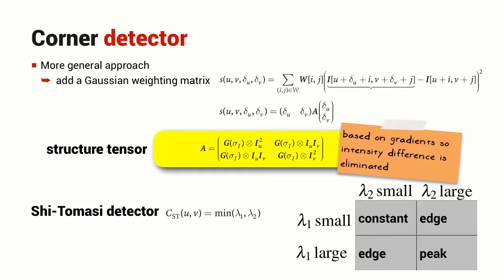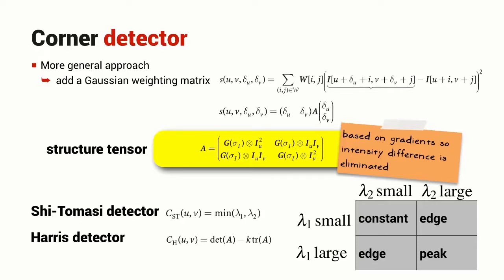A very famous one is the Shi-Tomasi detector, and what it does is simply, for every pixel, compute the structure tensor and take the minimum of the two eigenvalues. If both eigenvalues are large, then the Shi-Tomasi detector has a large value. Another very famous one is the Harris corner detector, and it is similar in principle.